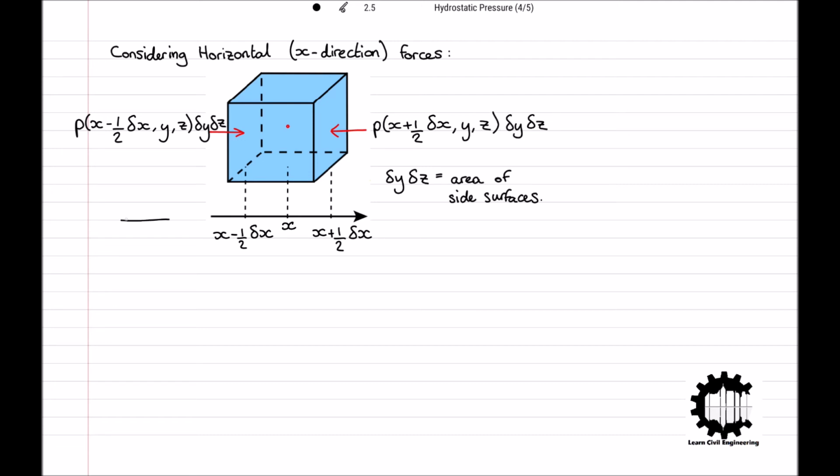Taking forces acting to the right as positive, applying equilibrium gives the force acting on the left side of the fluid element minus the force acting on the right side equals 0.